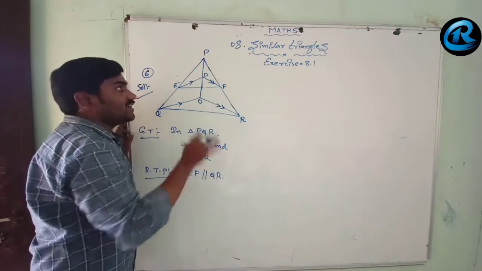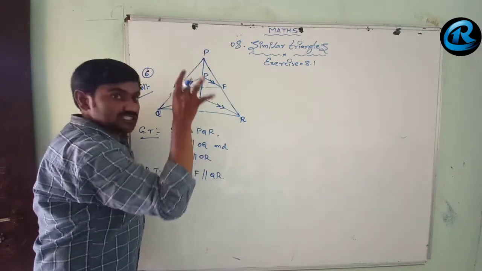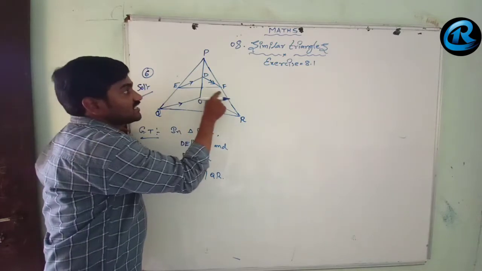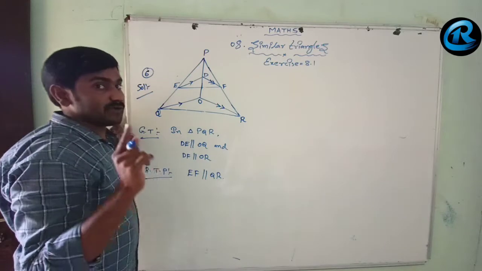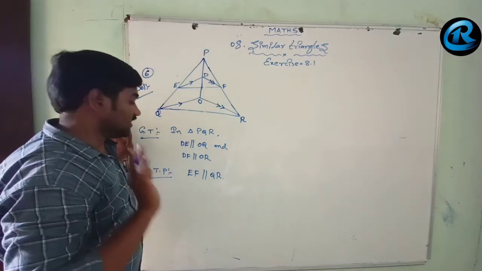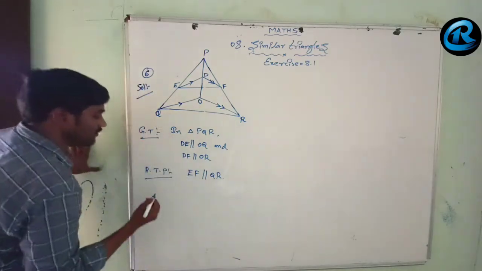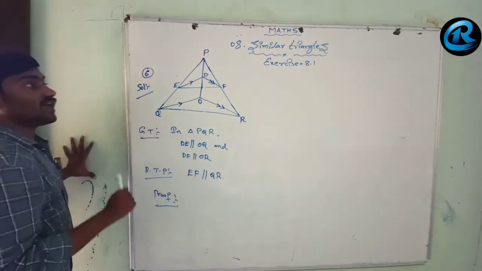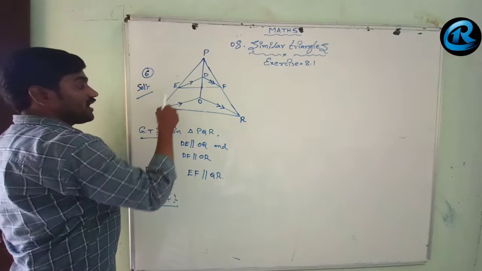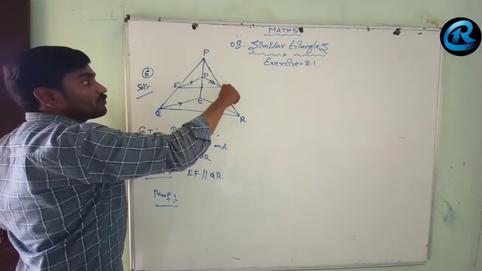If these two sides are divided in the same ratio, then this line EF will be parallel to the third side by using the Converse of BPT Theorem. Just now we have proved it in the previous problem. Let's go for the proof now. We have to prove that PE by EQ should be equal to PF by FR.